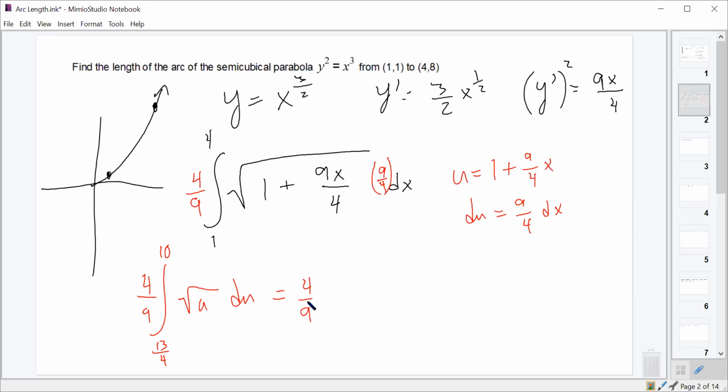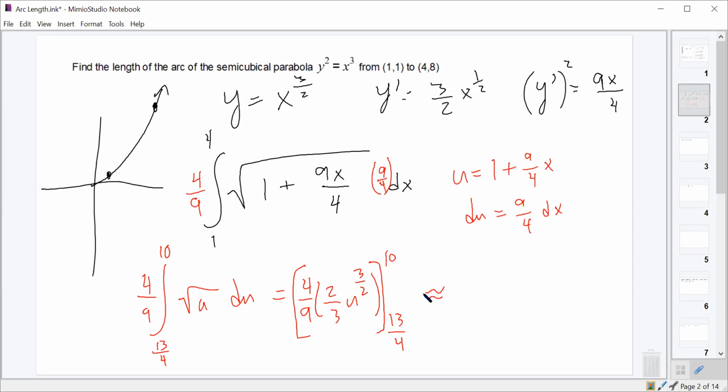So we got 4/9, and then root u becomes 2/3 u to the 3/2. And the numbers on here become a little bit unpleasant, 13/4 to 10. And what does that come out to be? Just give me an approximation for that.